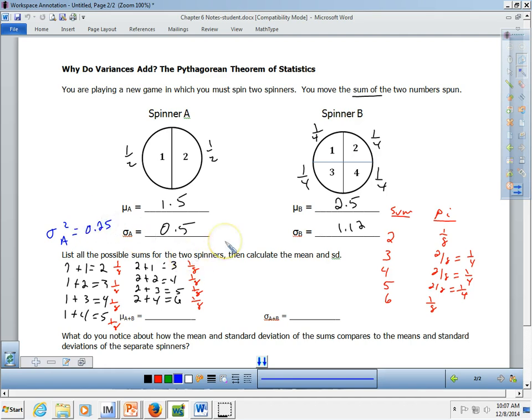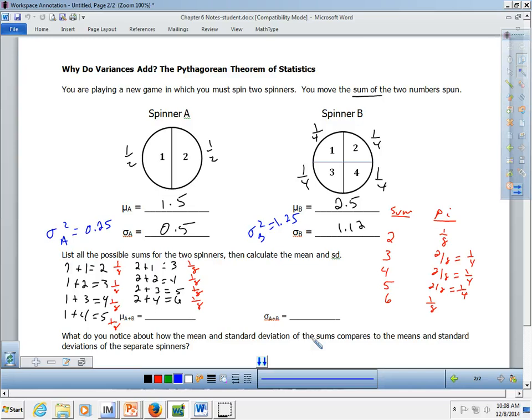Okay? And if I square the standard deviation for the second spinner, I'm going to go find the precise value for that variance. It's going to be 1.25. And you're going to finally see why we keep holding on to this idea of the variance.